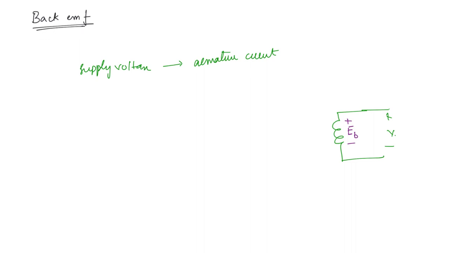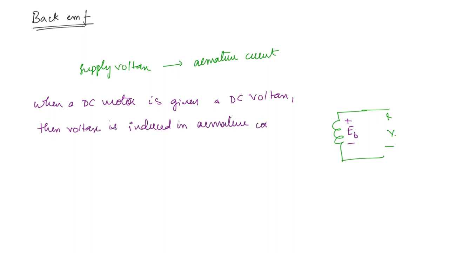So you can write here, when a DC motor is given a DC voltage, then voltage is induced in the armature coil such that it opposes the supply voltage.